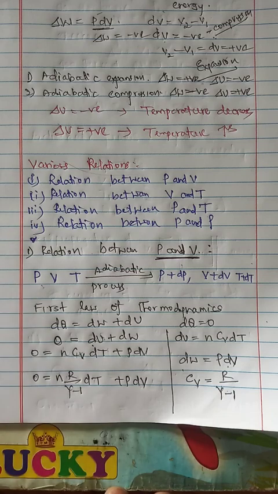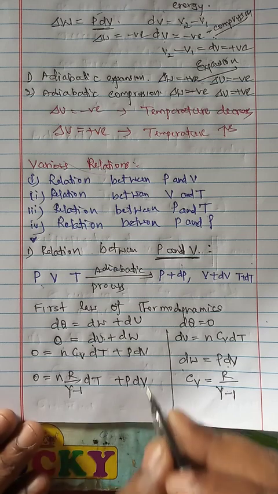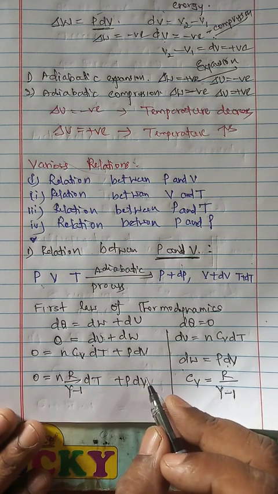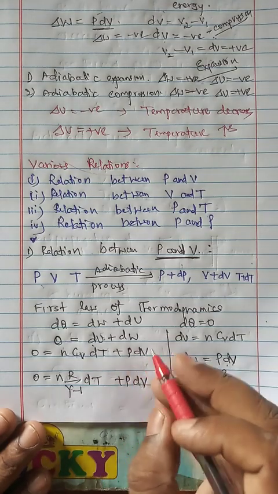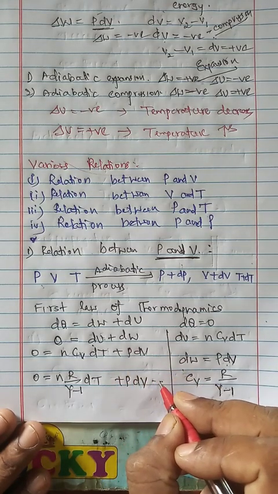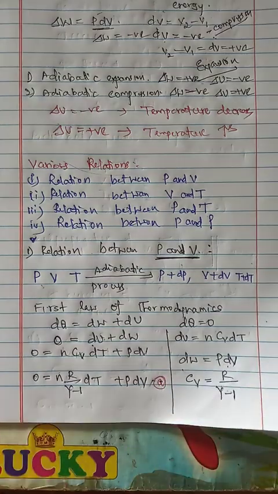This is one equation, right? Write this equation as either A or 1, whatever. Okay, write it as A, the first equation.